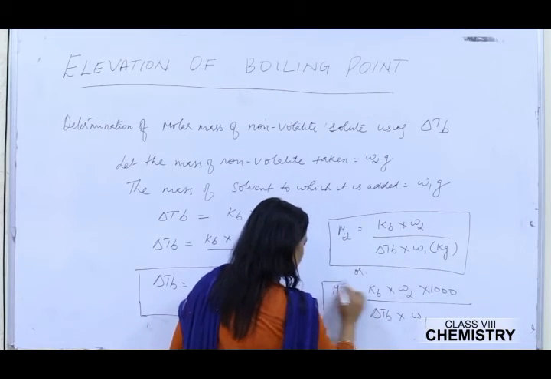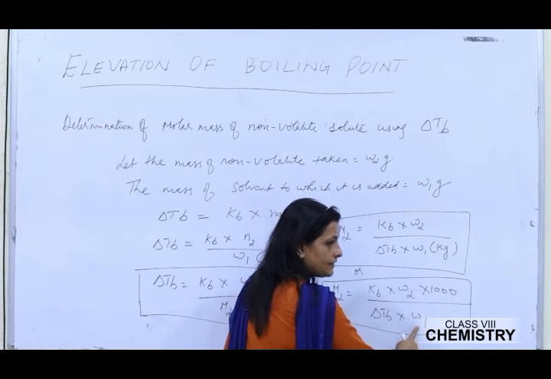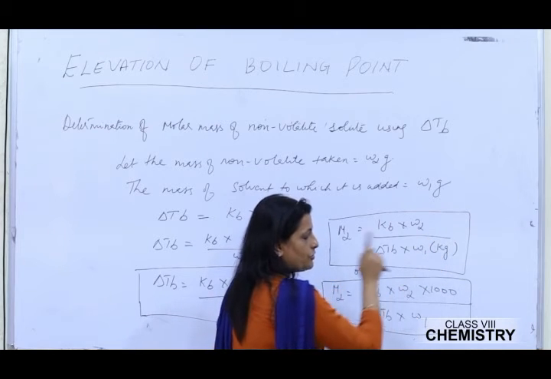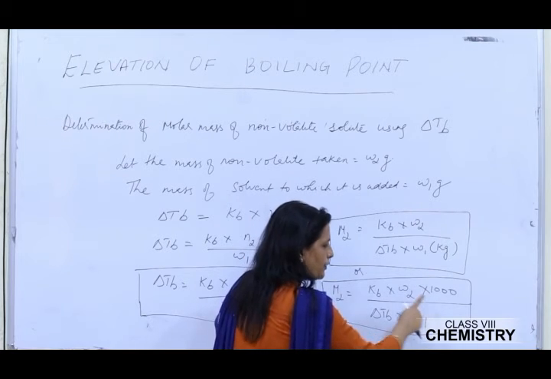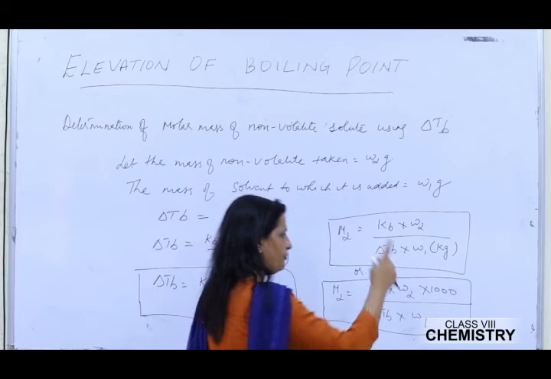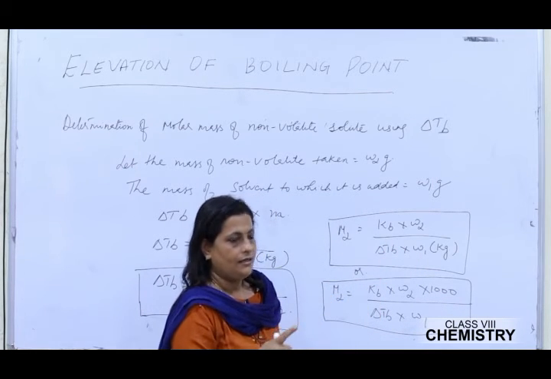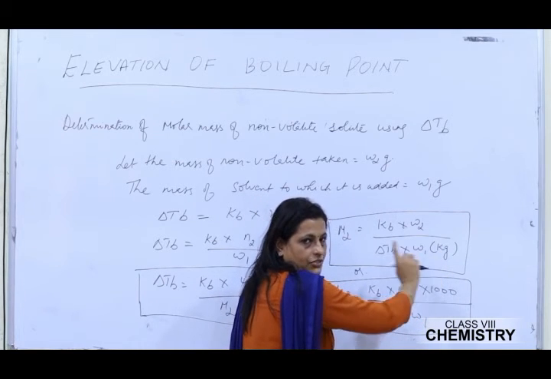Now if you are using this equation, the mass of the solvent will be in which unit? Grams. If you use the earlier equation, it should be in kg. So you should be very careful. If it is given in grams and you want to use that equation, you have to convert it into kg.